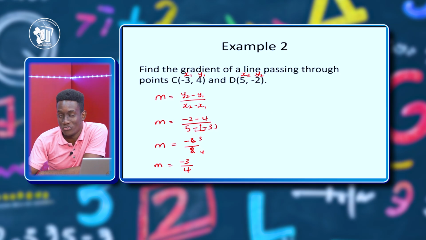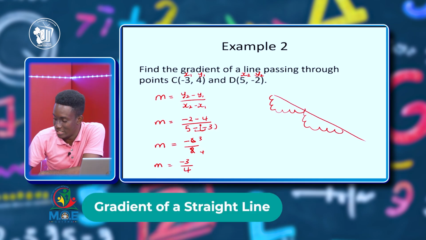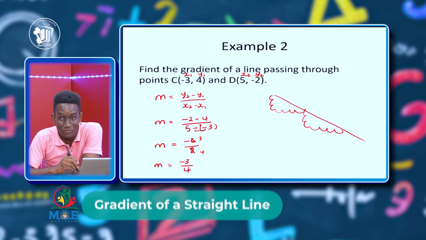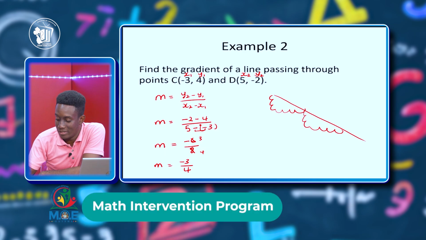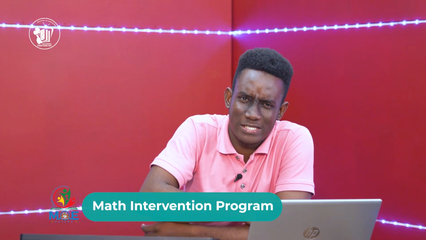As we go down 1, 2, 3, we come across 1, 2, 3, 4. So we see we have a fall in the line. So that's what the negative gradient is saying. There's a fall. So let's look at the next example.